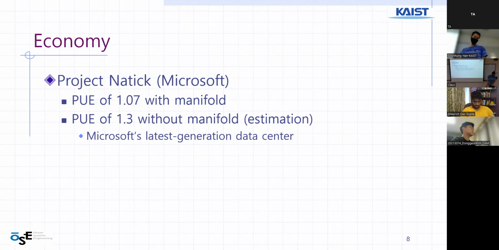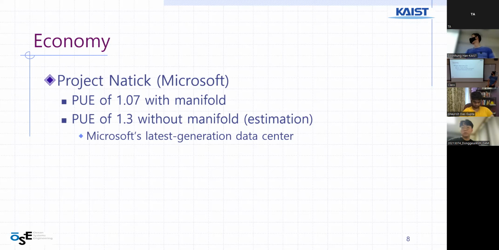And for Project Natick, which is done by Microsoft, once the underwater data center is up and running, we use a manifold that uses some kind of valve to adjust the cooling of the data center. With the manifold, a PUE of 1.07 is achieved.